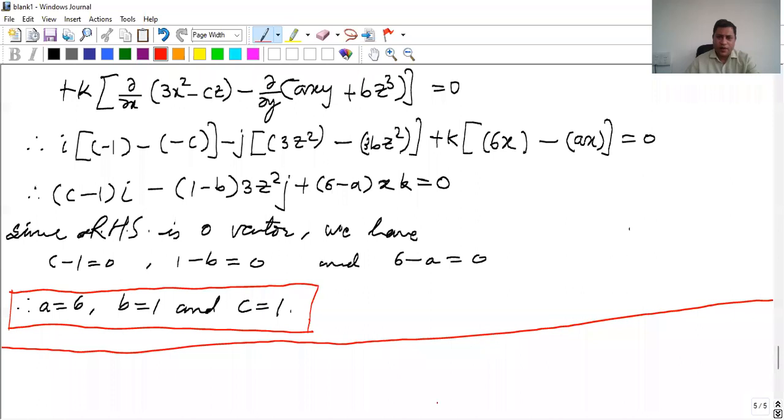Now we need to consider the topic of how we are able to find the maxima and minima of a function. Okay, so let us consider the function of more than one variable and the function of one variable.